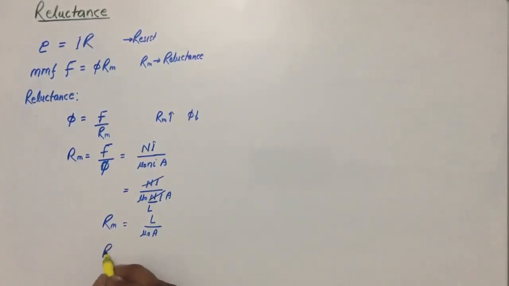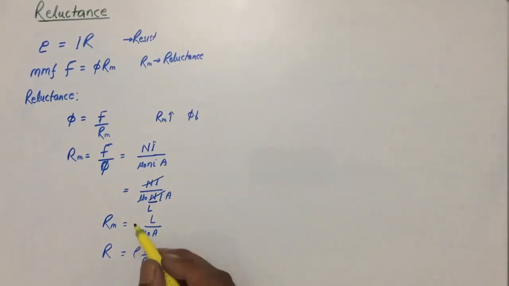Can we relate this to some equation that is well known to us? That is, resistance is rho L by A. Rho is the resistivity of the material that represents the opposition, whereas mu is the permeability of the material. It represents how much allowance will be given to the flux in the magnetic material.